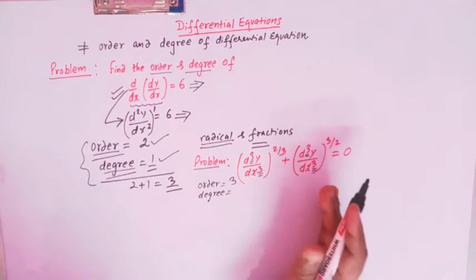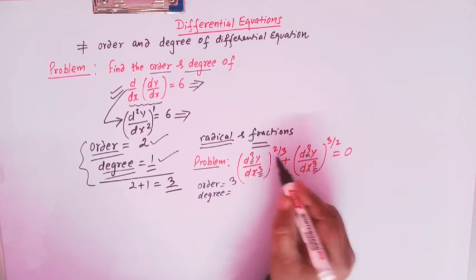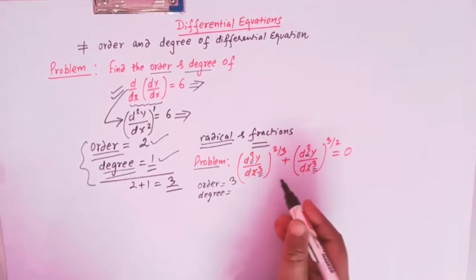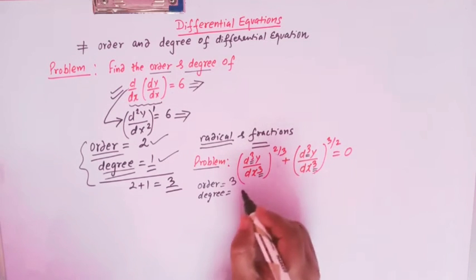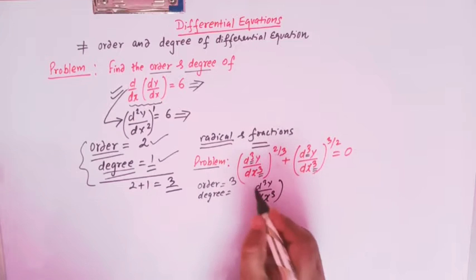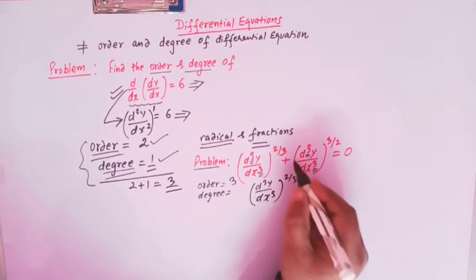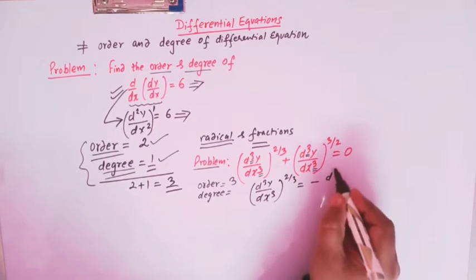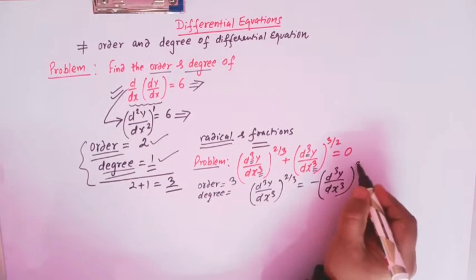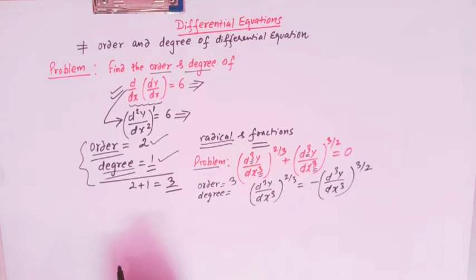So we have to get rid of these fractions. For this we have to simplify it further. So we can write it like this. We can take this term to this side, so we have minus (d³y over dx³) to the power 3 over 2, right?